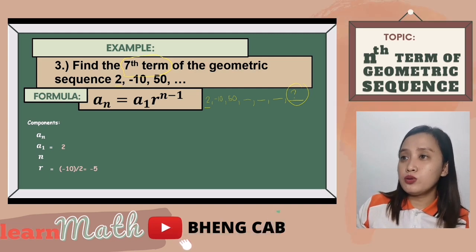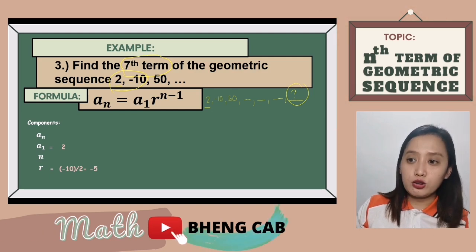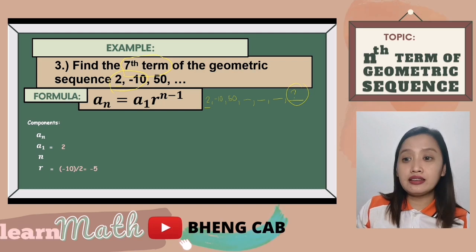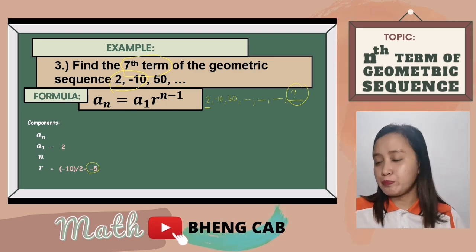So, 2, negative 10, ito yung unang dalawang term. Dinivide lang natin. Nauna yung negative 10 divided by 2. So, negative divided by a positive sign, meron tayo dito negative. 10 divided by 2 gives us 5. And that gives us negative 5 as our common ratio.